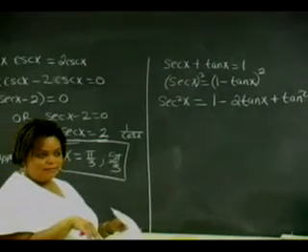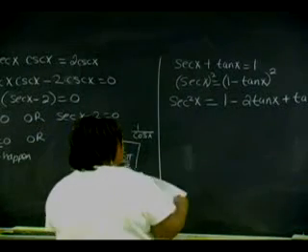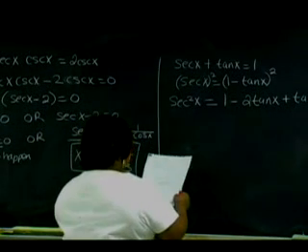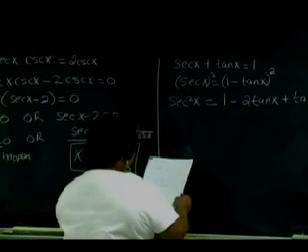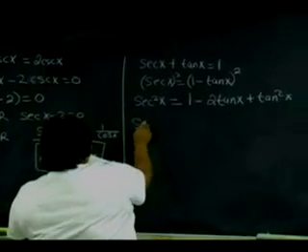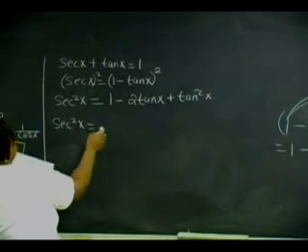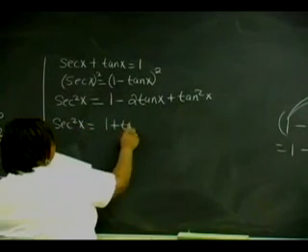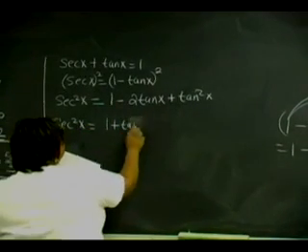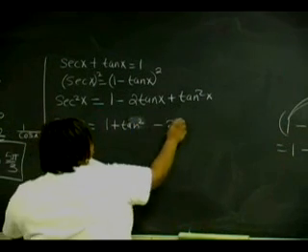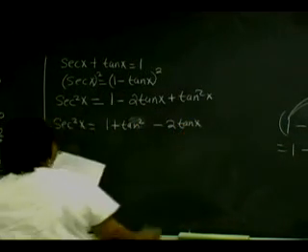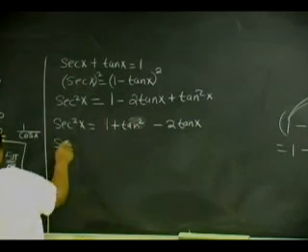Okay, so let's see. Where do we go from here? Secant squared. If I put this 1 plus tangent squared together, what is 1 plus tangent squared? It's secant squared.